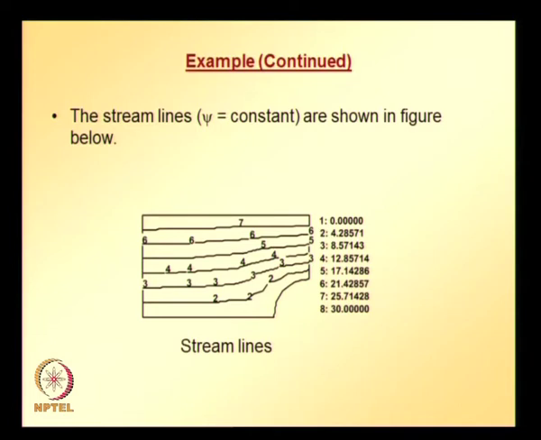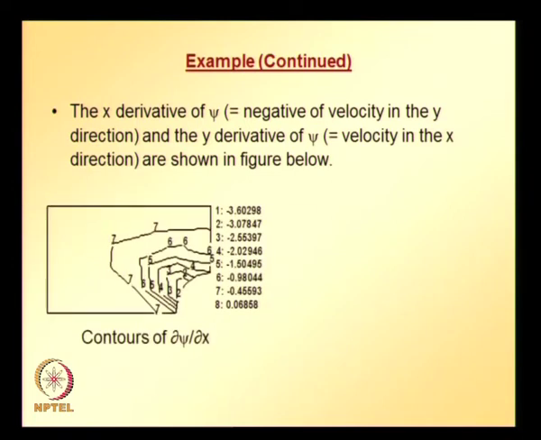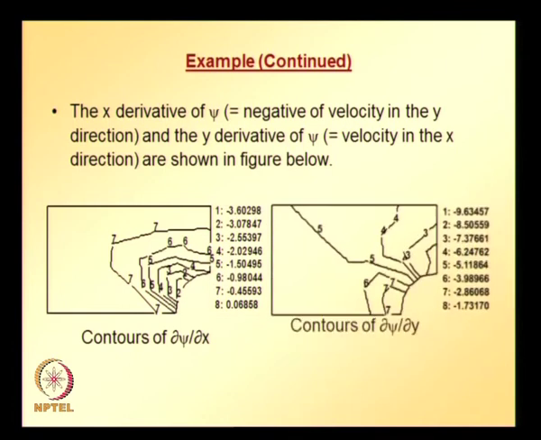Also we can plot the derivatives of the stream function with respect to x and y, because the x derivative of the stream function is related to velocity in the y direction and the y derivative of the stream function is related to velocity in the x direction. They are shown here, contours of derivatives of the stream function with respect to x and y.